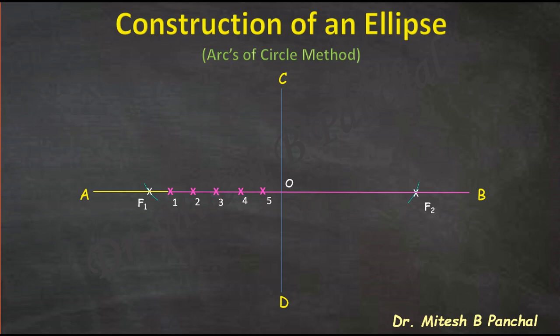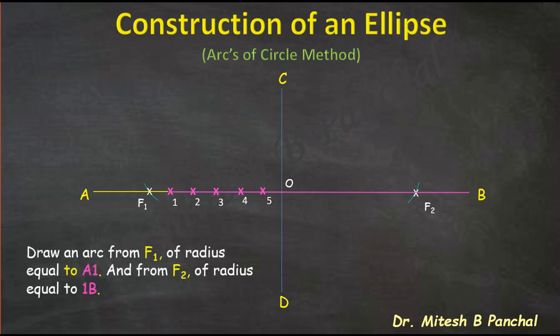So we will first draw an arc from F1 of radius equal to A1. And then from F2 we will draw an arc at a radius equal to 1B.